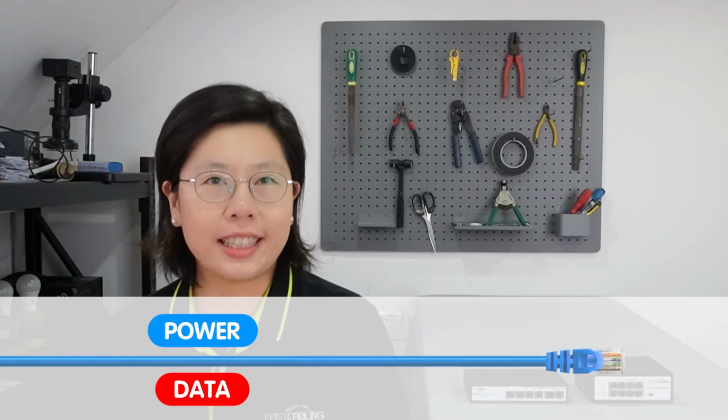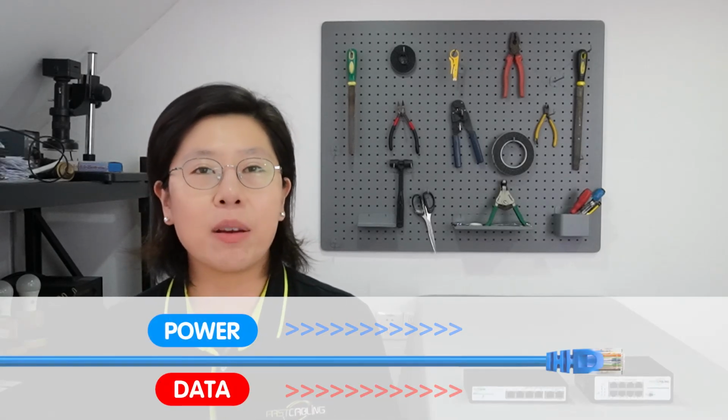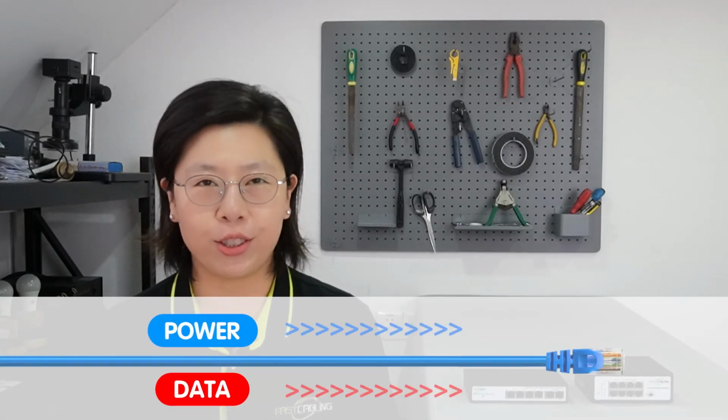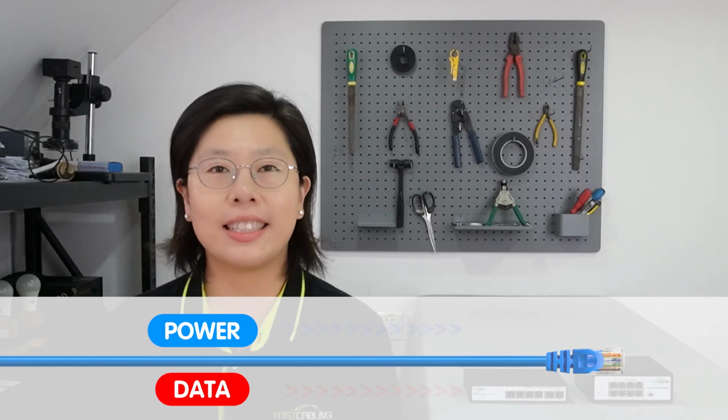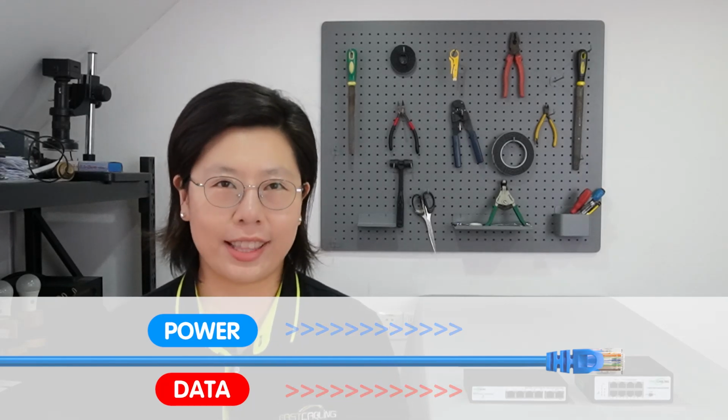Power over Ethernet is a technology that enables the simultaneous transmission of electrical power and data over a single Ethernet cable. In the context of IP cameras, PoE simplifies the network setup by eliminating the need for separate power and data cables.